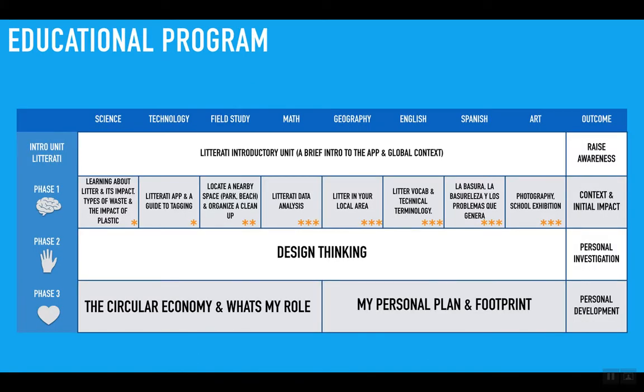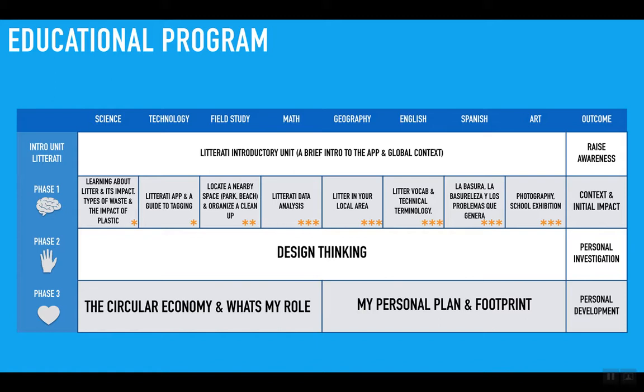And this rather complex looking chart is really the 4 phases that we have. I'll walk you through this a little bit later on. So the first one you see here, called Intro Unit Litterati, is really an introductory unit. It's a brief intro to the app, and also gives you a couple of lesson plans.